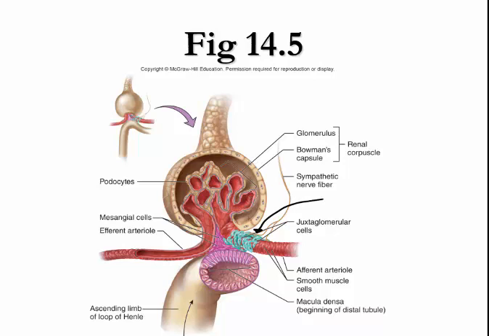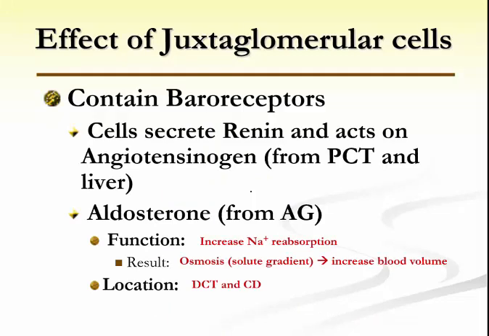And if those baroreceptors aren't stimulated enough because of a drop in blood pressure, that's going to cause the release of renin from those cells. And then, as we saw earlier, renin is going to convert angiotensinogen into angiotensin 1. Angiotensin 1 is converted into angiotensin 2. And one of the activities that angiotensin 2 could do was stimulate the release of aldosterone from the cortex of the adrenal gland.